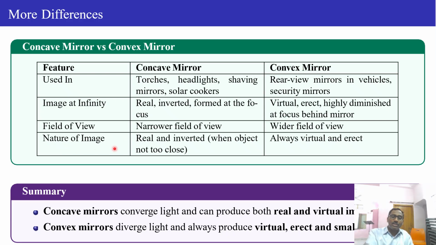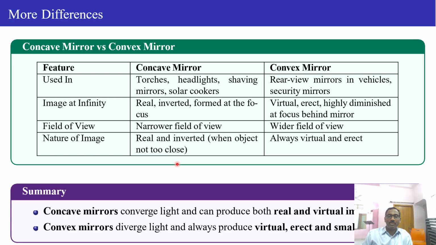Nature of image. For a concave mirror, what is the nature of image of the object? Real, inverted, when the object is not too close to the mirror. Then you will get a real inverted image.